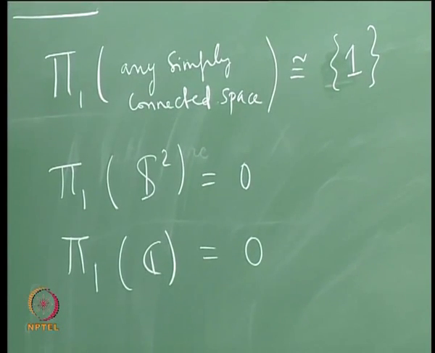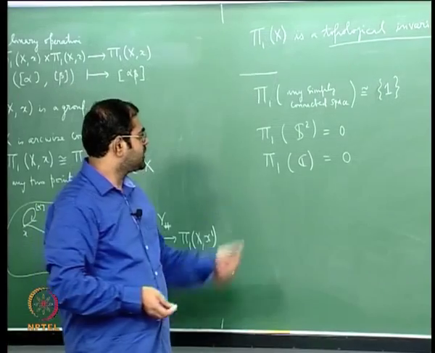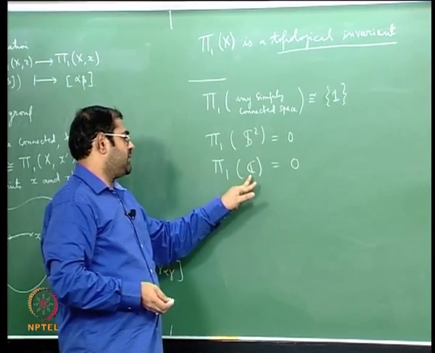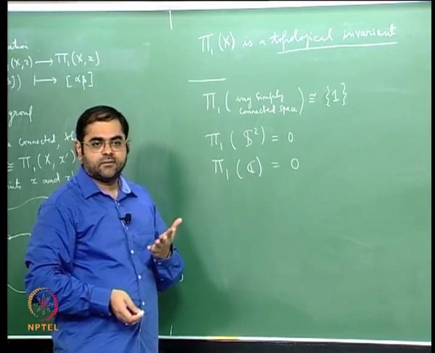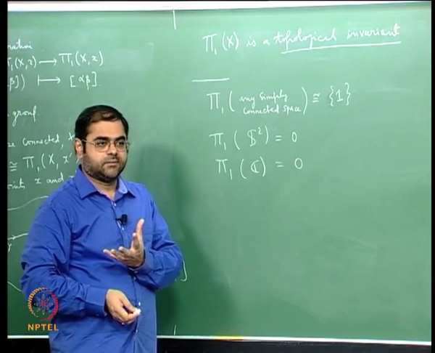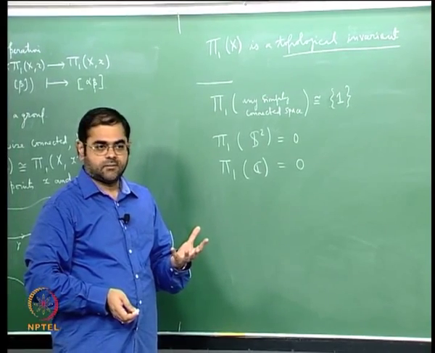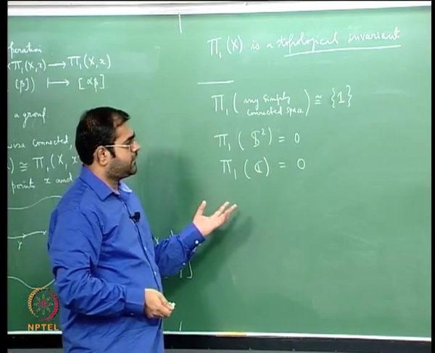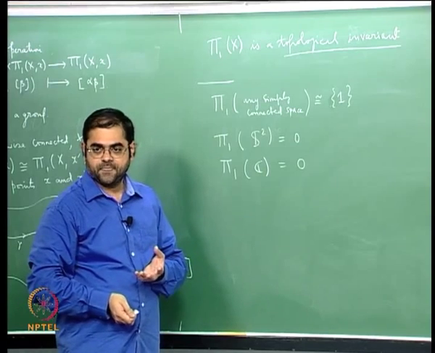Any contractible space is a space that can be continuously contracted to a point. So it will happen to the unit disk, a half plane, but of course it won't happen to an annulus or a cylinder.